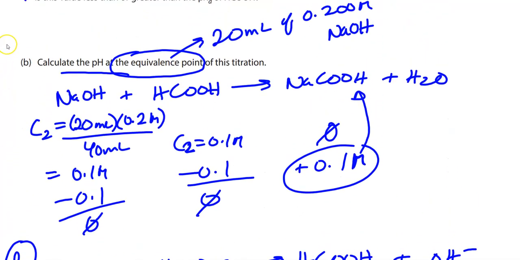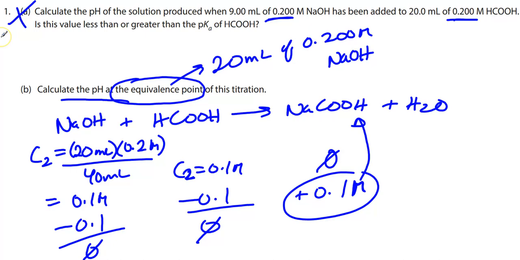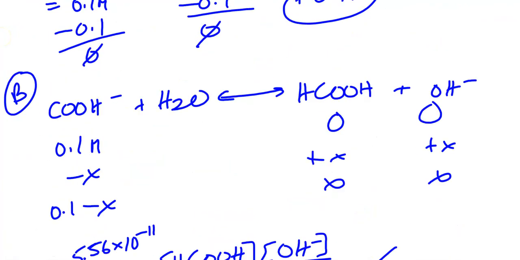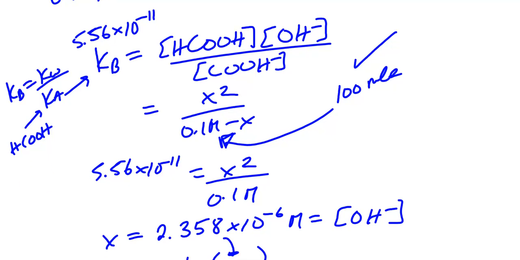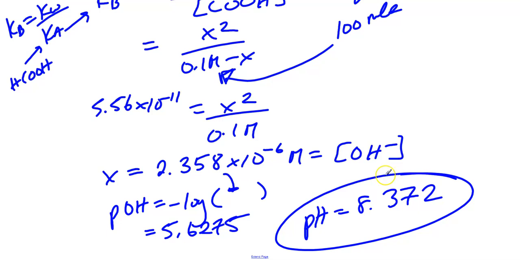So, what are we doing for sig figs up here? The concentrations are 3. So let's say 14 minus 5.6275 is 8.372. Okay, so notice the equivalence point, right? It's higher than 7.